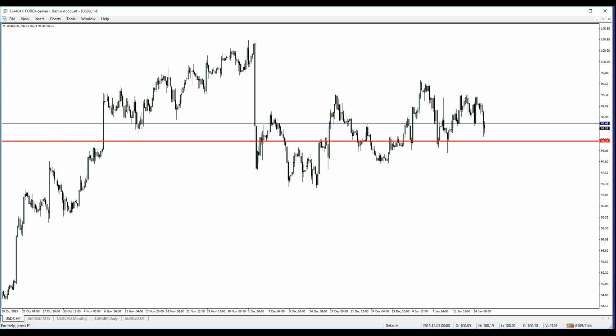But if they hold the dollar in a consolidation, you're going to see very strong and sharp moves in foreign currencies. So there's a market maker tip for you. If the dollar is in consolidation, in a holding pattern, the accelerated moves are not going to occur on the dollar side of the currencies.